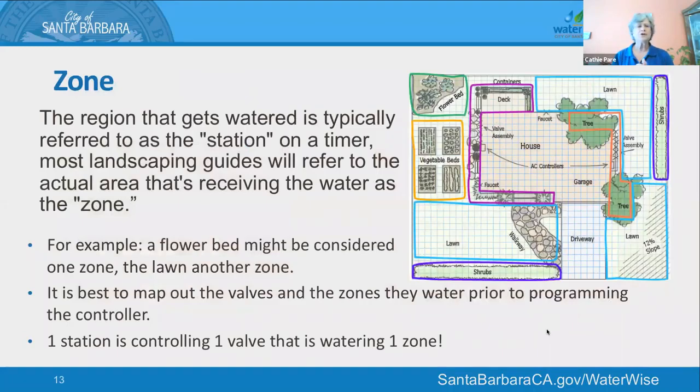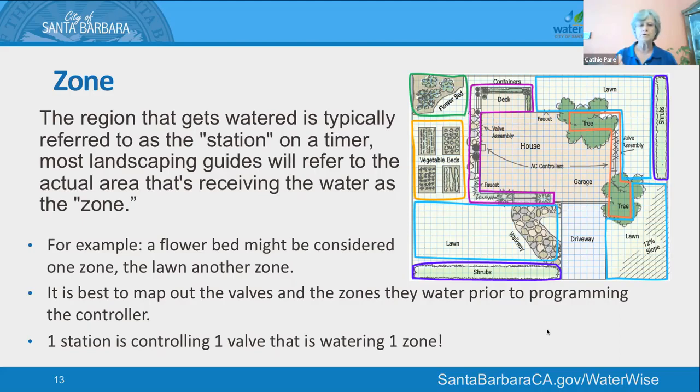Well, if you're talking about a zone, that's the region that's actually specifically getting water when you're having the irrigation controller turn on a specific station. So for example, say a flower bed might be considered one zone. The lawn might be considered zone 2 or a different zone. Strong advice, you don't have to draw as pretty a picture as this one, but I really recommend you draw a little picture of your house and areas where each of your zones are.